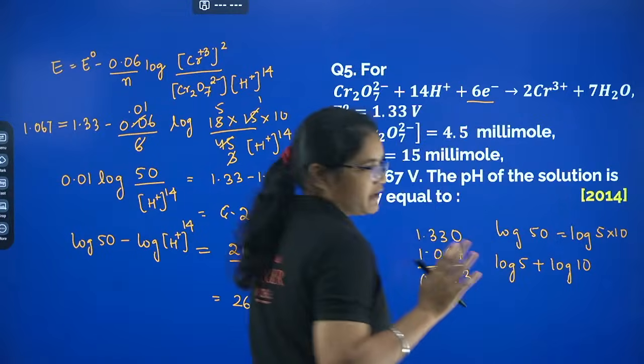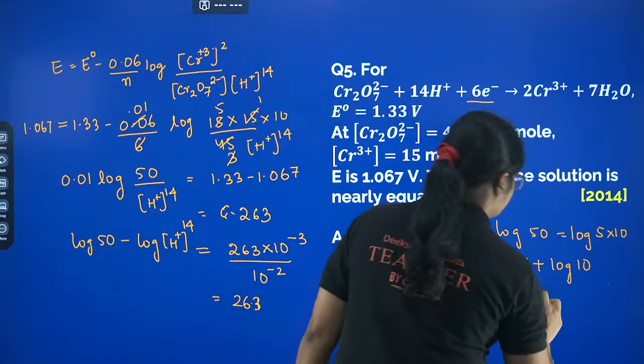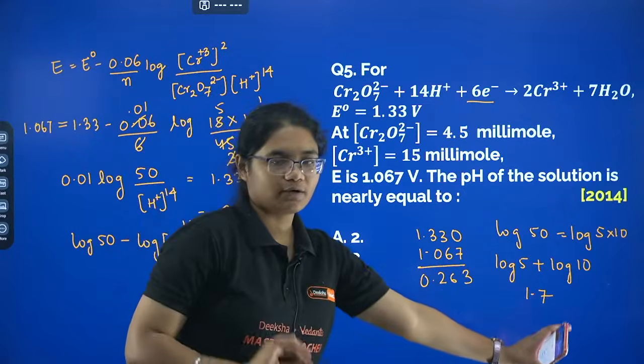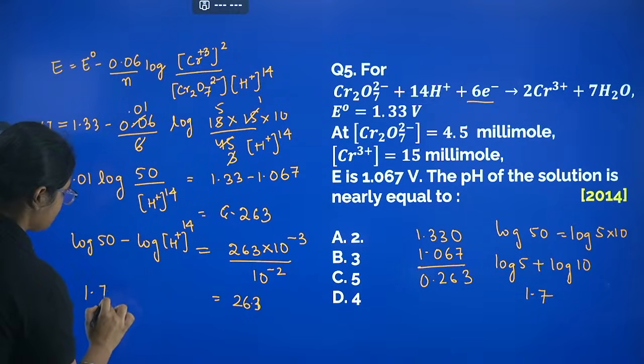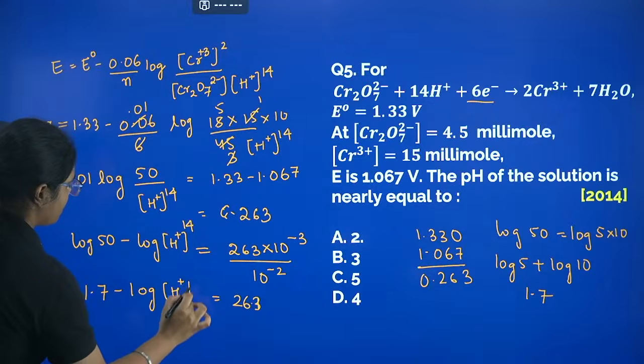Log 5 is somewhere around 0.699 or 0.7. 0.7 plus 1 you will get 1.7. Log 50 is 1.7. So I've got here 1.7, minus log of [H+] to the power of 14.